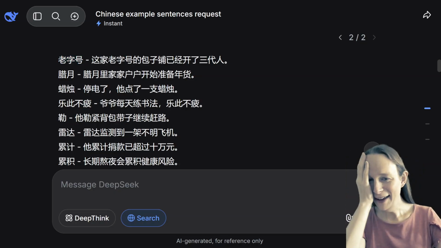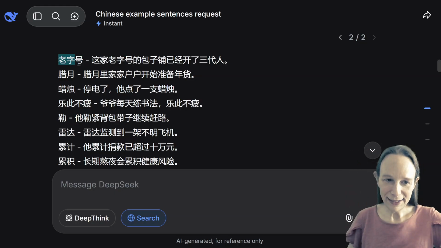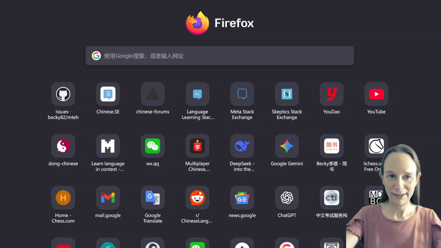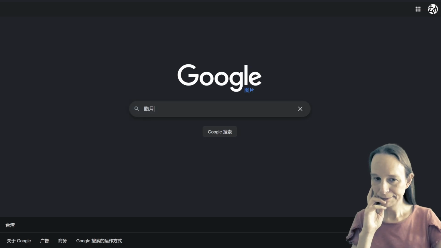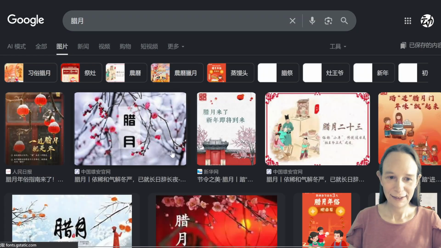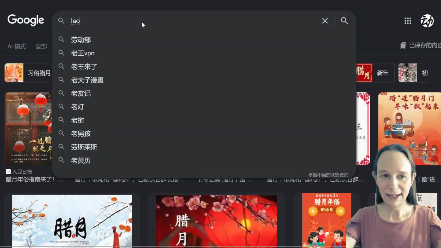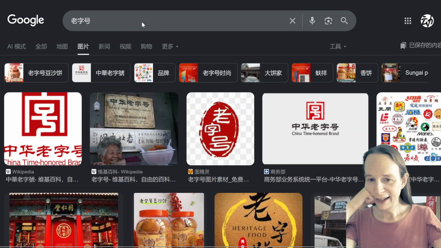All right, let's do the vocab. 老字号. So I'll put this in Google image search. Right, images. Oh, well, this is 腊月. I meant to put 老字号.